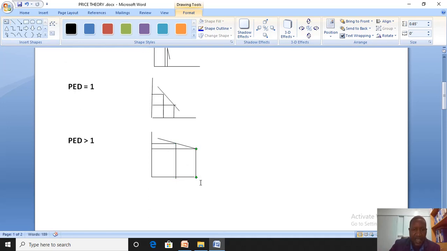You notice that the gap on your quantity side is bigger than the gap on the price side. So that's PED greater than 1.